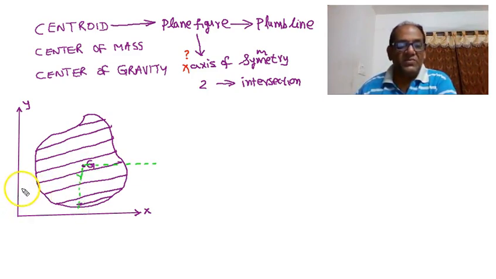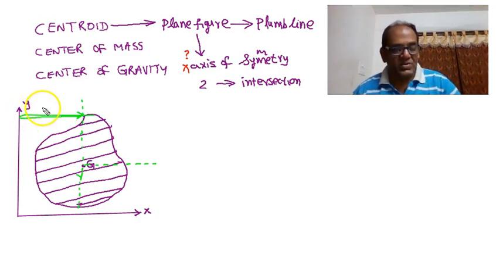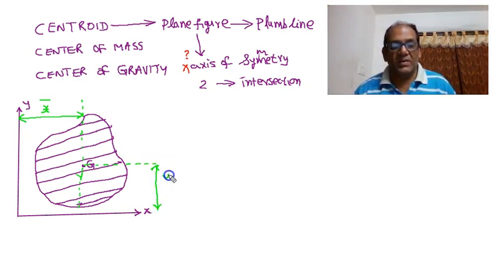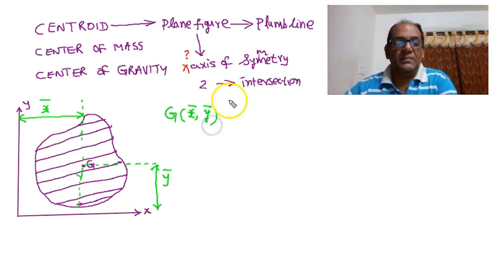So we are interested in finding what is the x coordinate of this point. X coordinate is given by this distance, and typically this x coordinate is represented by x bar, and this is the y coordinate. This height is the y coordinate, and this is represented by y bar. So when we want to locate centroid, we are interested in finding its x coordinate and y coordinate.